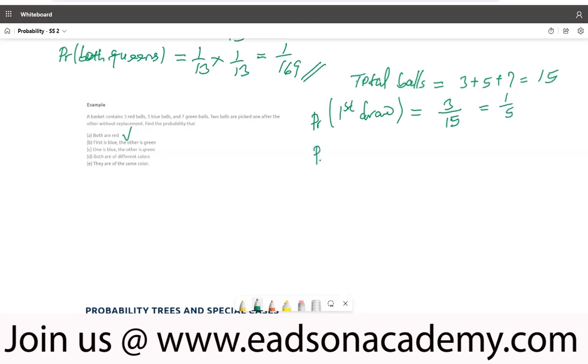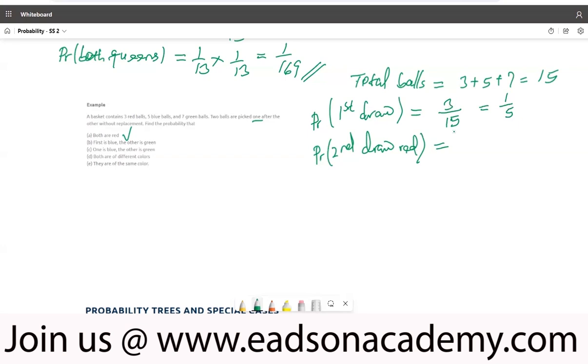The probability that the second draw is also red will be after drawing the first draw. Remember, we are picking the ball one after the other. The two are not drawn at once. But yes, we draw 2 balls, one after the other without replacement. So for the second draw to be red, in the first draw we remove 1 red already.